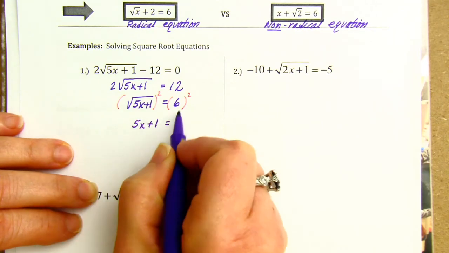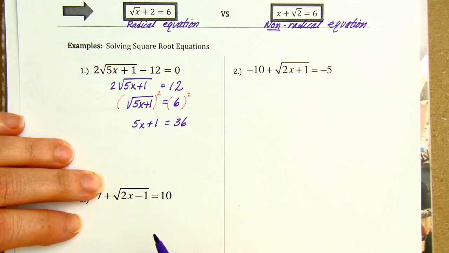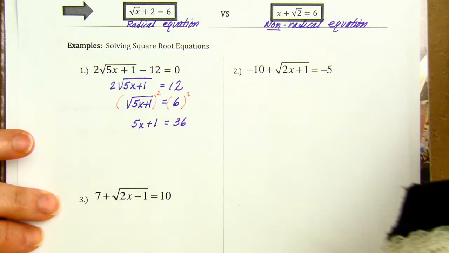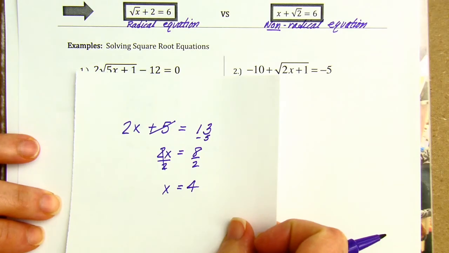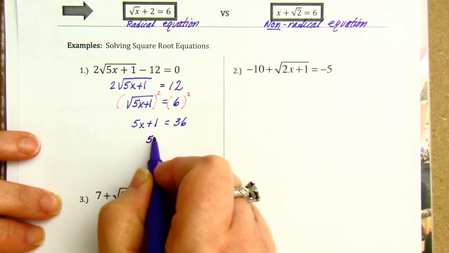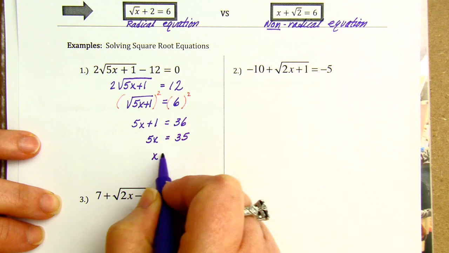You can't forget to square the other side. That's 36. And the rest is just a basic equation. Subtract the 1 over, 5x equals 35, and divide, x is 7.